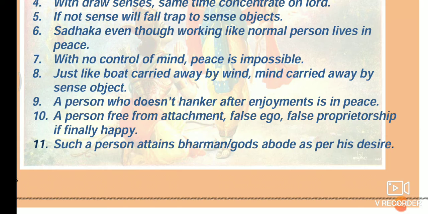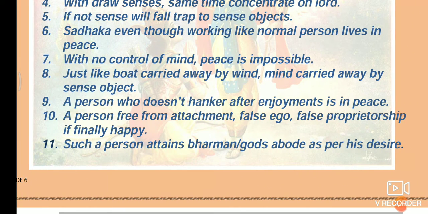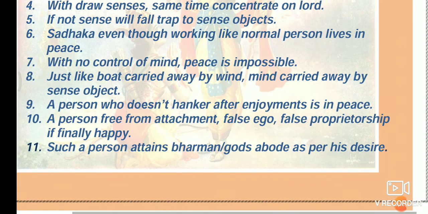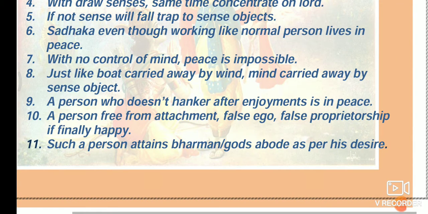Then Krishna says he has to give up false proprietorship. Basically, the three words are nirmamo, nirahankara, and nispriha. Nirmamo is false proprietorship, nirahankara is false ego, and nispriha is freedom from attachment. False proprietorship is thinking that these things belong to me and I am the owner of them.